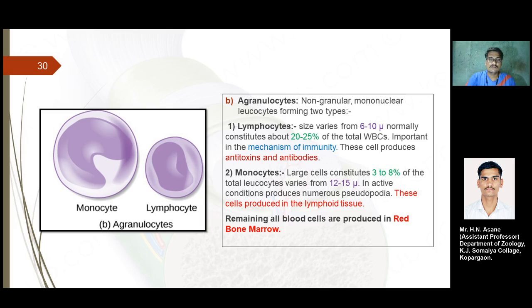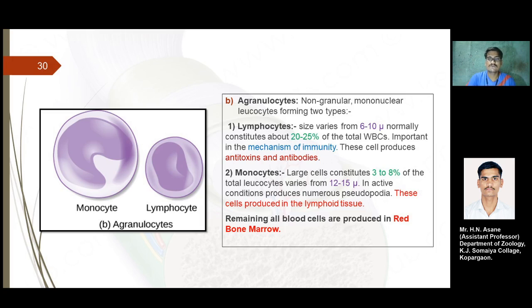Okay, the second one is the monocyte, and monocytes are large cells, constituting 3 to 8% of the total WBCs, and their size varies from 12 to 15 micron. In active conditions, the monocyte produces numerous pseudopodia. Pseudopodia means false legs.